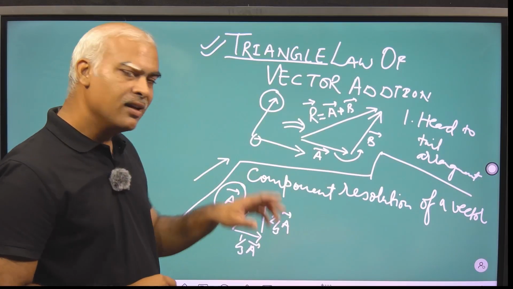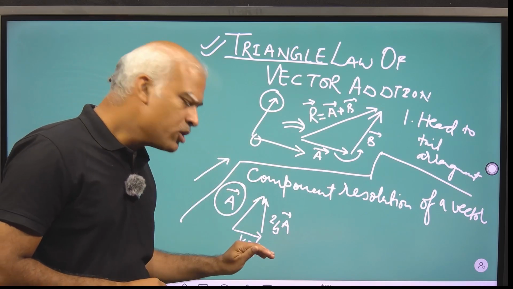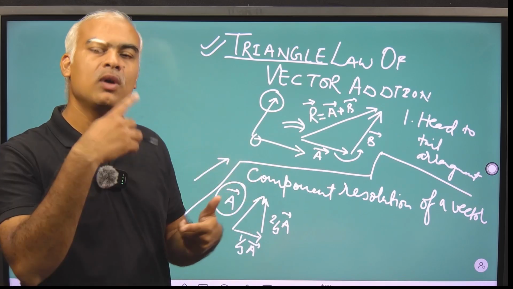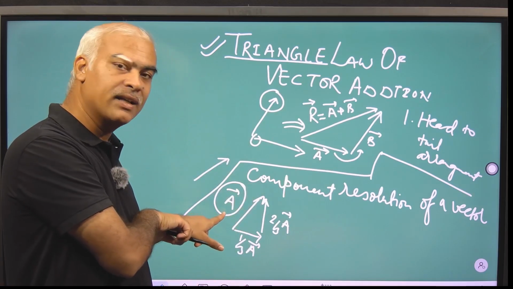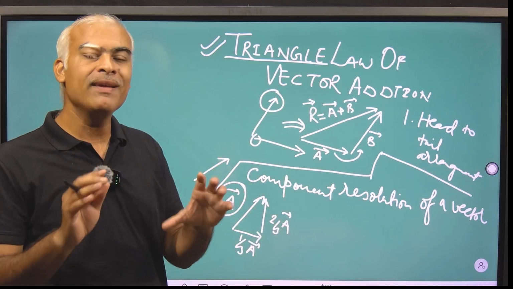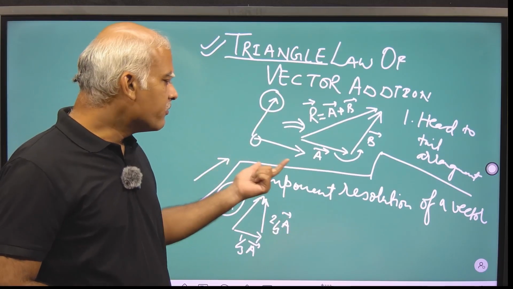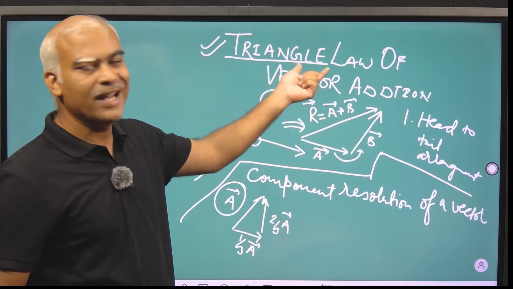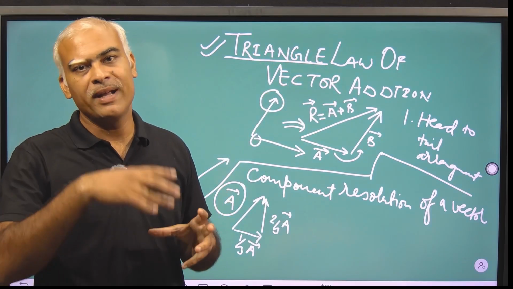It means that a vector can be represented as an addition of two or more than two other vectors, and all the vectors whose addition is your former vector are called the components of that particular vector. So I can have n number of components for a particular vector, and we are saying that on the basis of the triangle law of vector addition. A vector can have many components or many parts.